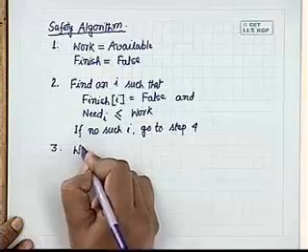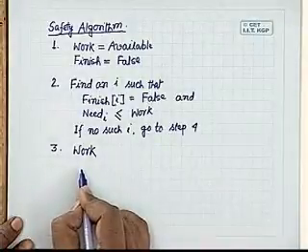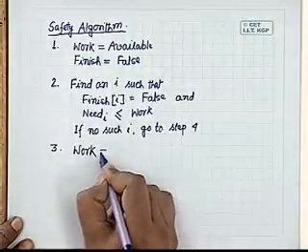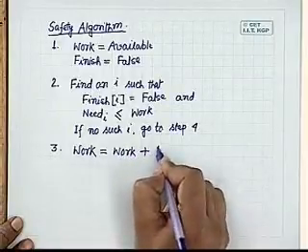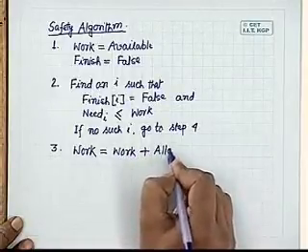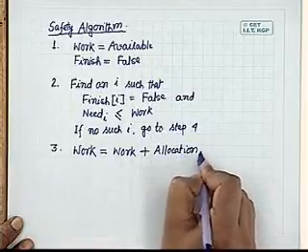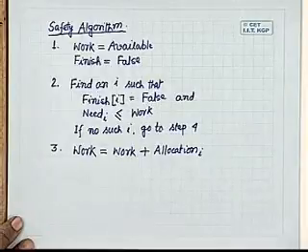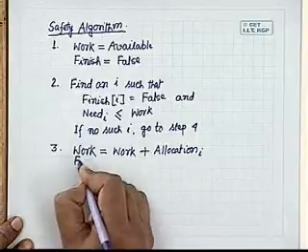Here work in this safety algorithm gives the number of available resources. So we make work equal to work plus allocation[i], that is the number of resources which were allocated to the process Pi, and the corresponding finish[i] we make equal to true.